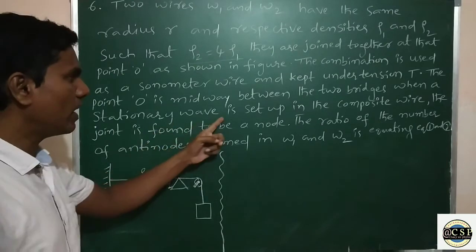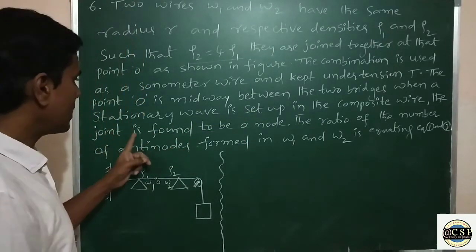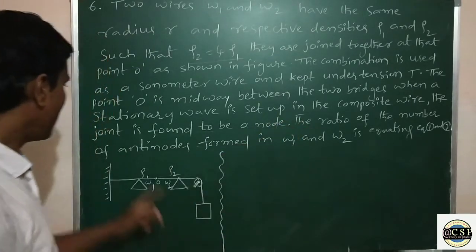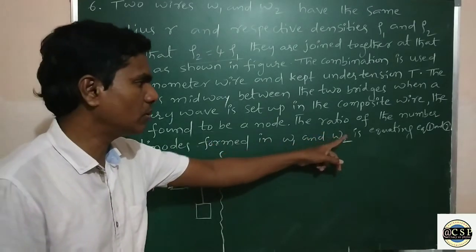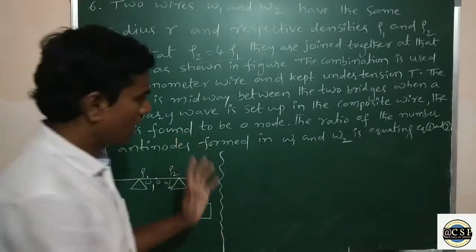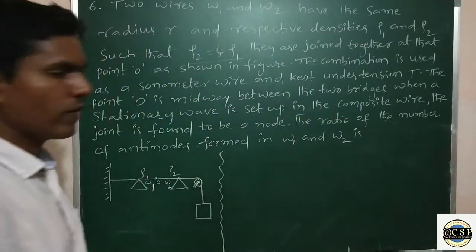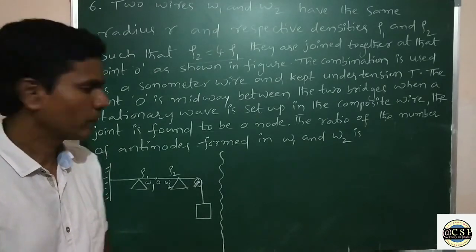When a stationary wave is set up in the composite wire, the joint is found to be a node. The ratio of the number of antinodes formed in W1 and W2 is asked. So we have to calculate the ratio of the number of antinodes, meaning the number of modes.